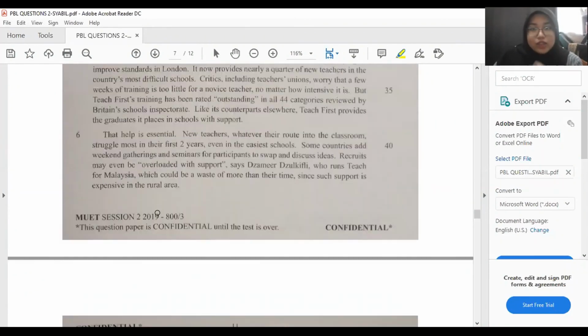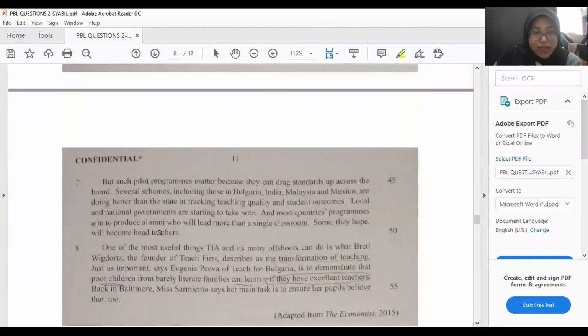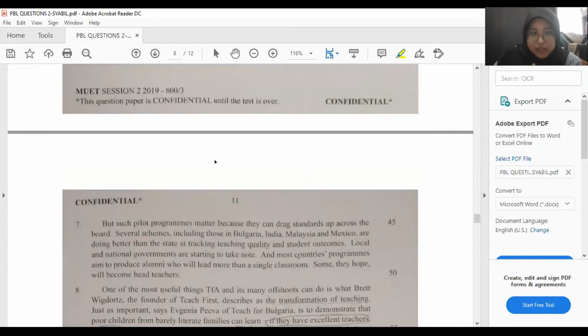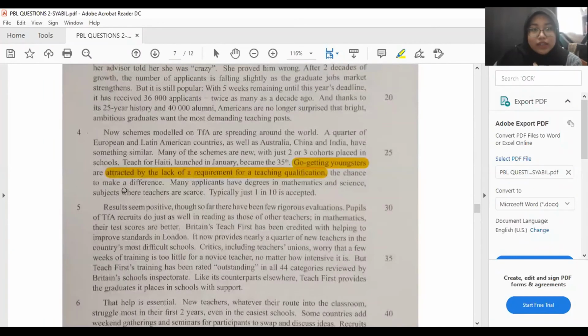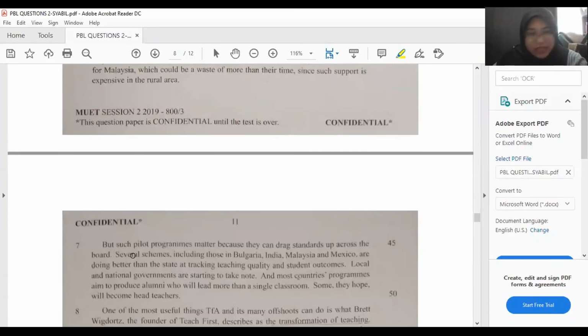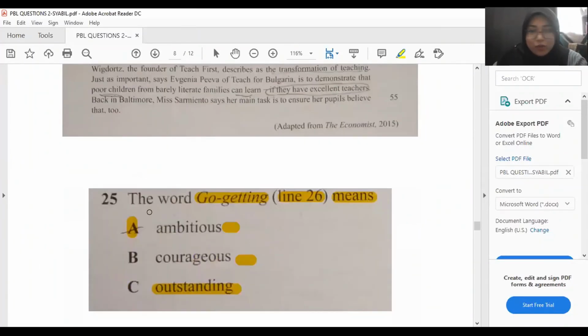So this shows that ambitious is the correct answer, as an ambitious youngster doesn't require a specific qualification to be a teacher, because they tend to be attracted to other things other than teaching. So the answer is A. So that's all from me. I will pass it to Qushairy to further the demonstration on MNG questions.